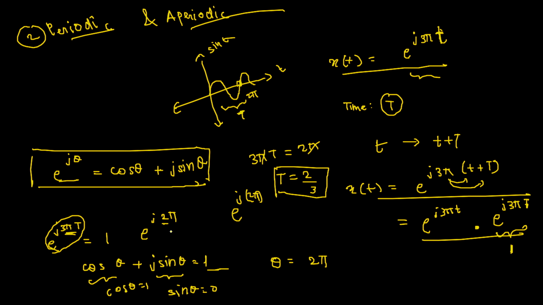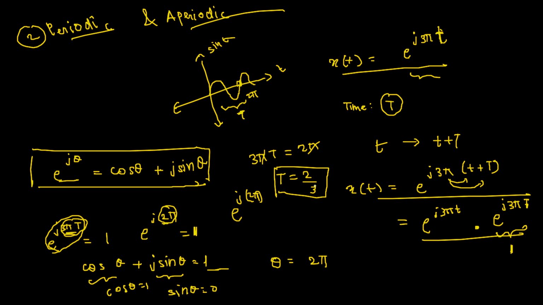So e to the power j 2 pi is what will give us 1, and we know that e to the power j 3 pi into t is giving us 1, which means that 3 pi into t is equal to 2 pi, and upon simplifying we get that t is equal to 2 by 3.